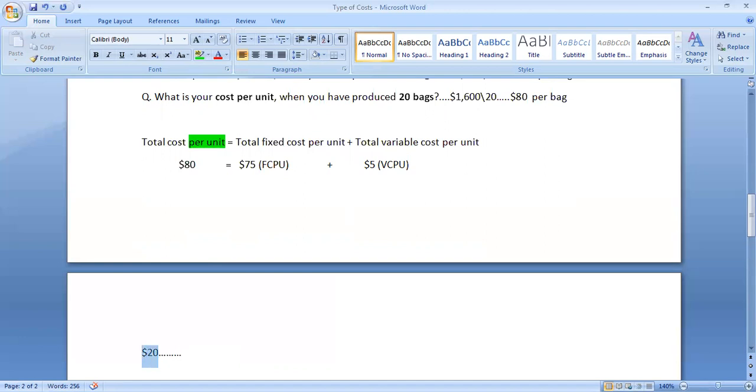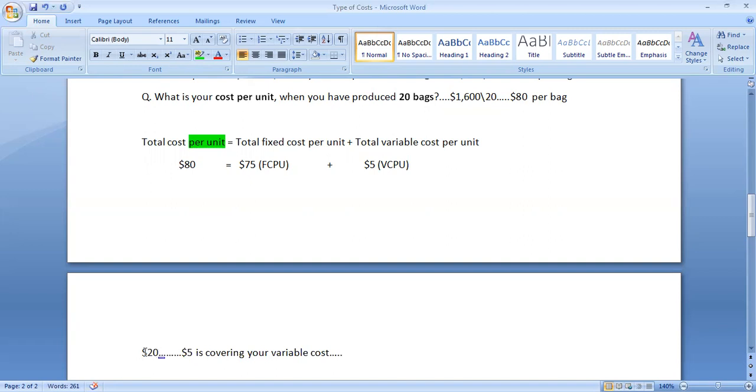When you're getting $20 from the customer, let's say for every bag, out of this $20, $5 is covering your variable cost, right? But that is not enough, because we also need to cover fixed cost, right?